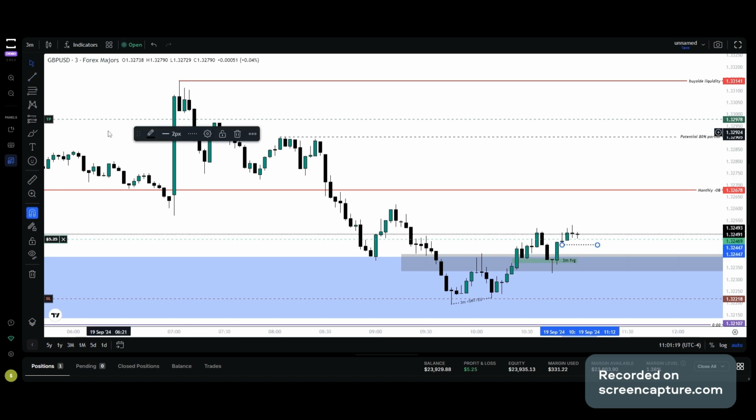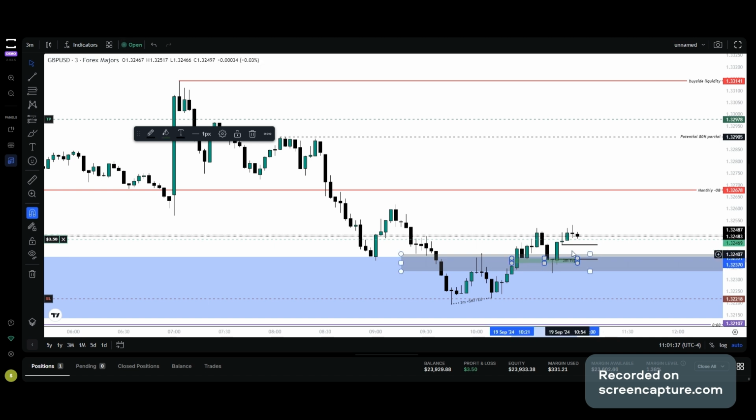So here, and here. Like to see this air between these two black horizontal lines.